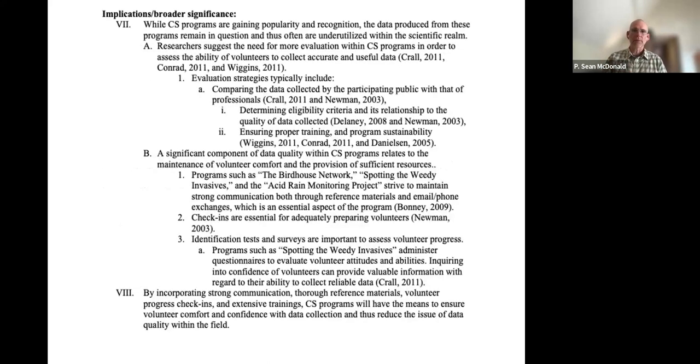This is the example. In this case, this person goes into a little bit more about data quality and things like that. There's lots of different ways that you can spin your implications and broader significance section. But again, you want to try to tie it to published literature whenever possible.